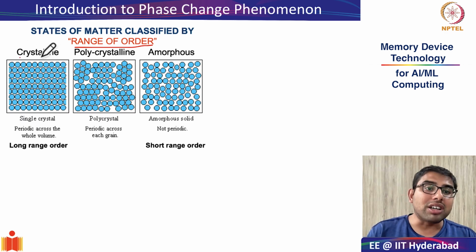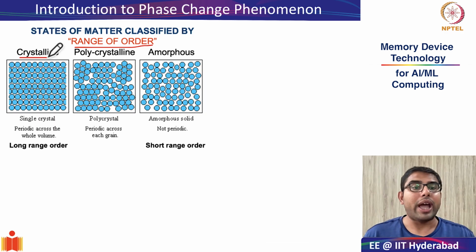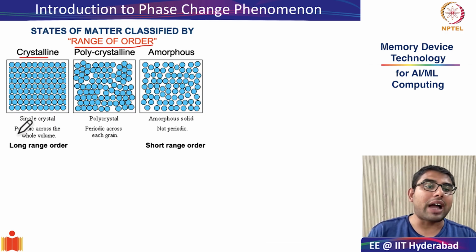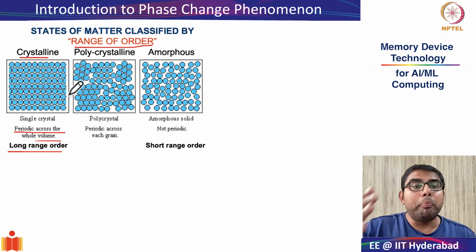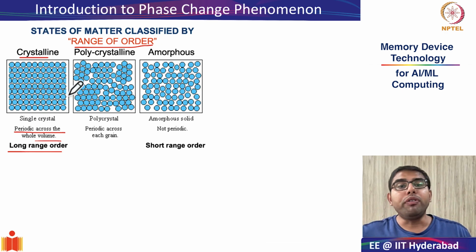These are your crystalline packing, where the arrangement of atoms is completely periodic across the whole volume. So that is why you say that there is long range order. That means across the solid, there is a periodic arrangement of lattice sites or of atoms.